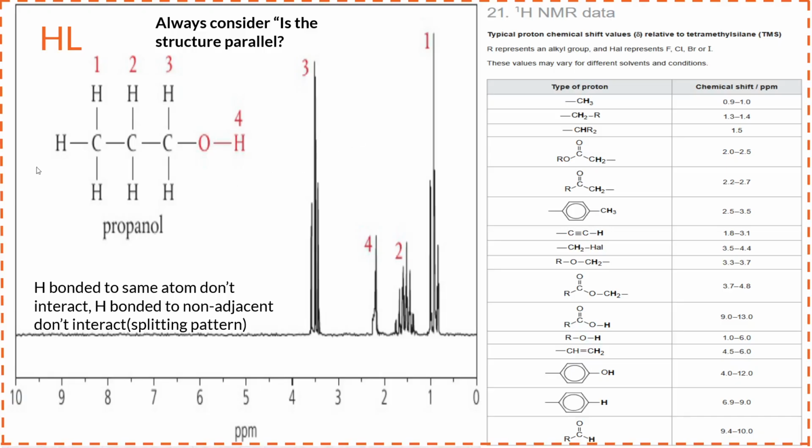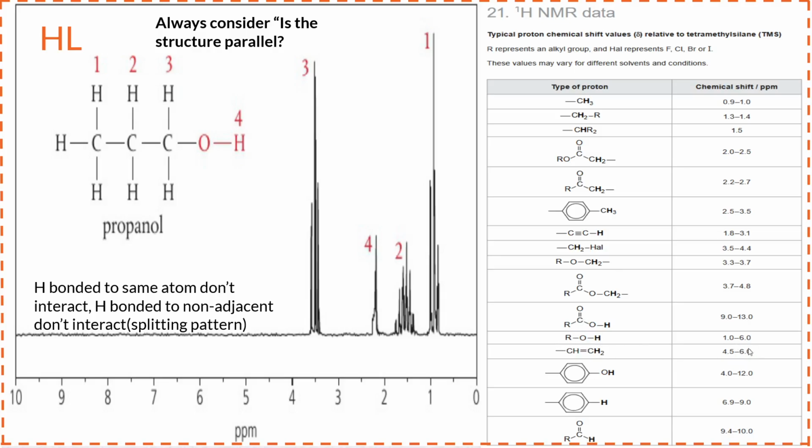But the first hydrogen environment, you have CH3, 0.9 to 1. Well, that's kind of where we're at. And so that helped you identify what type of bonds there are. And then, I believe there's alcohol somewhere on here.